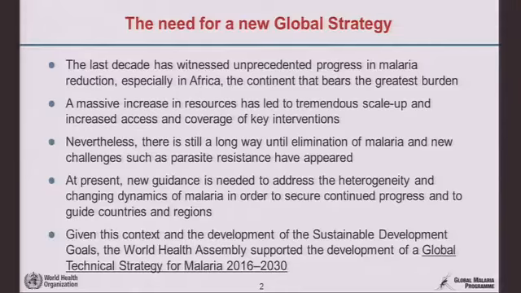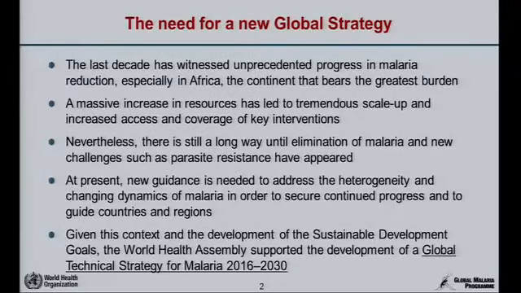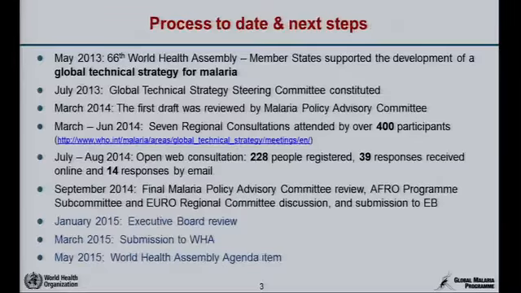So we believe, or the World Health Assembly believes, it is needed to address the heterogeneity and changing dynamics of malaria in order to secure continued progress. And that's why the new global technical strategy is being developed to cover the period 2016 to 2030.